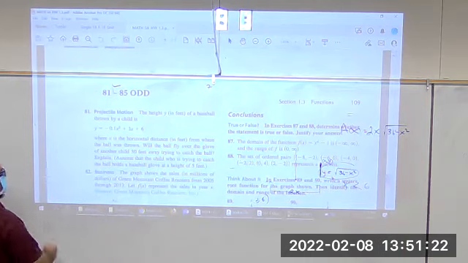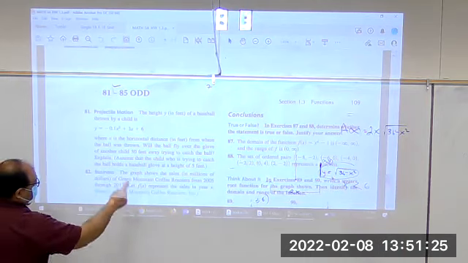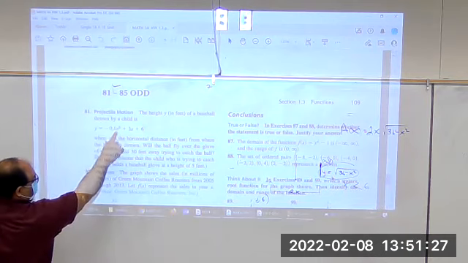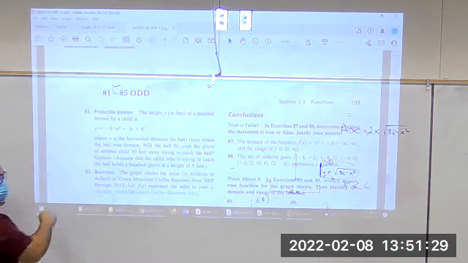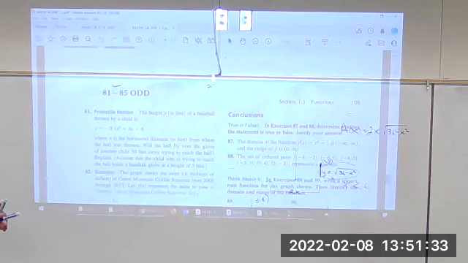So if the child throws the ball 2 feet, then you plug in 2 for x, and you'll find out what is the height 2 feet away from the child.